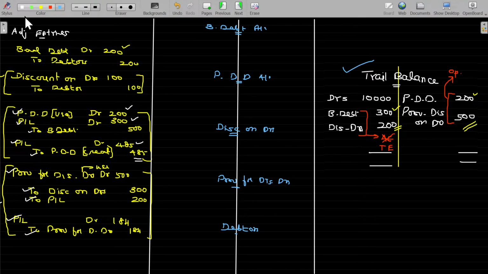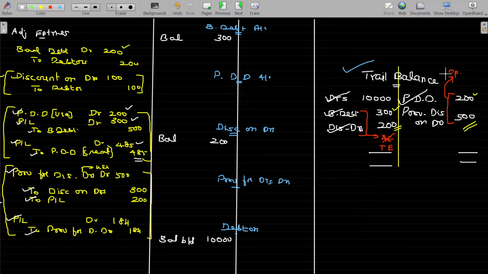Now this debtors having the debit balance will appear in the debit side. Balance brought down, the value being 10,000. This bad debt already available in the debit side, so balance 300 rupees. Discount on debtors 200 rupees already available here, so balance 200 rupees.